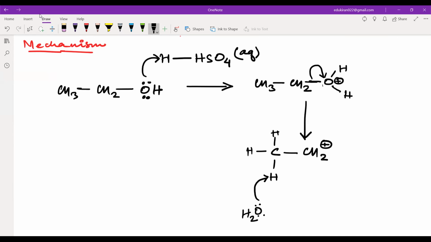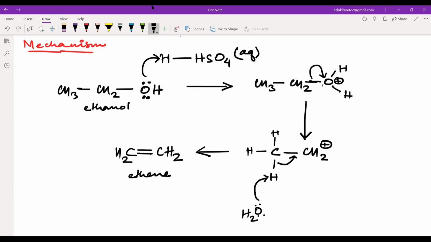Then the bond shifts here, and you will be forming CH2 double bond. This CH2 was positive, it gained electrons to become neutral. So this is the reaction from ethanol to ethene. Write this down.